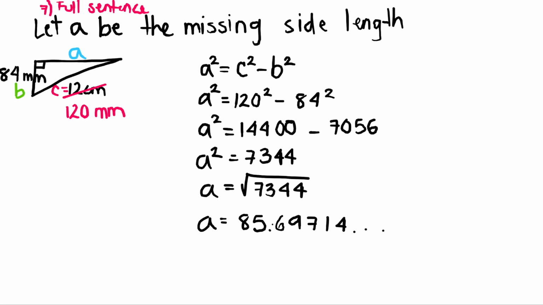Again, you don't have to write this step. I'm just doing this one to show you how I'm doing the rounding. It says to 1 decimal place. So the next place value is a 9, so this is going to round up. So A is equal to 85.7 millimeters.